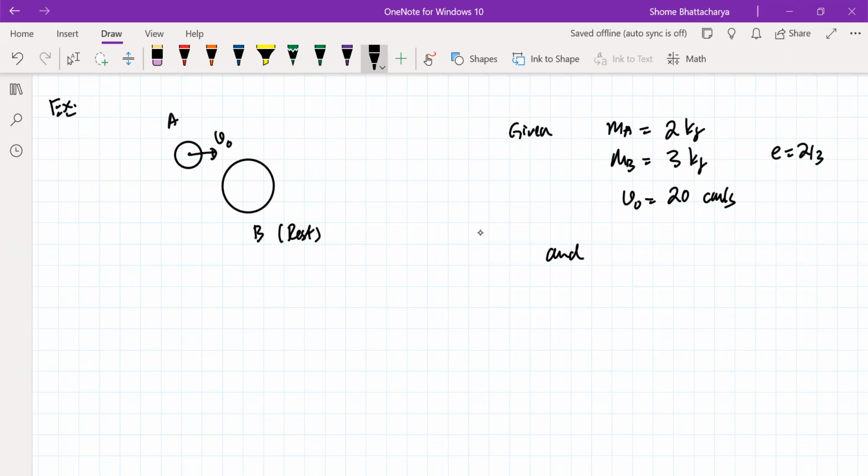And I make this a little easier by saying that B has a velocity VB at 53 degrees with respect to V naught after impact.